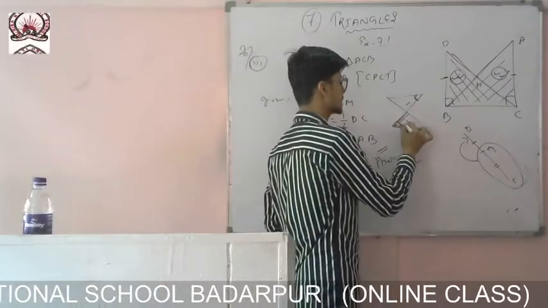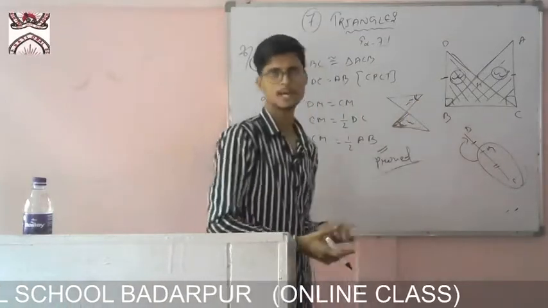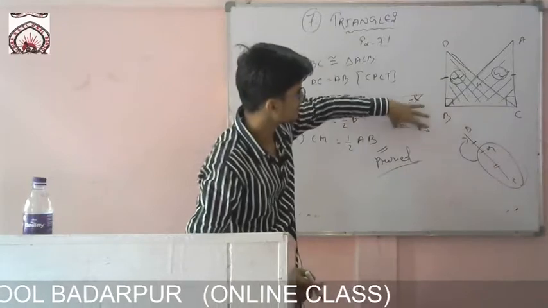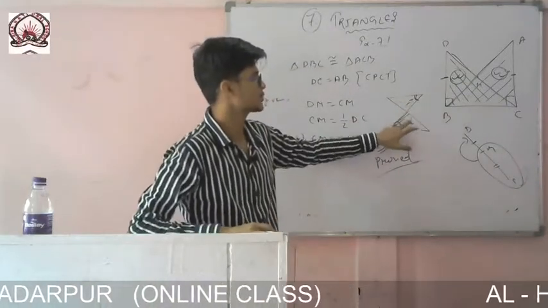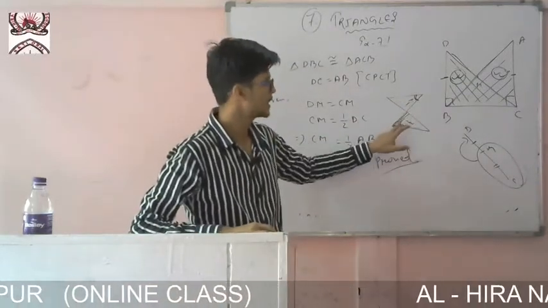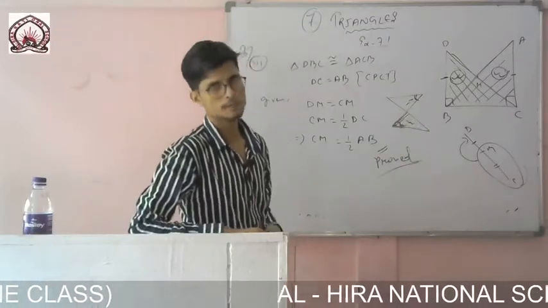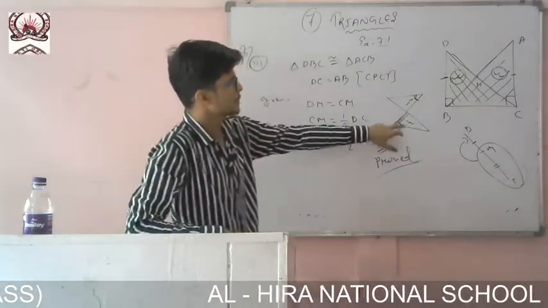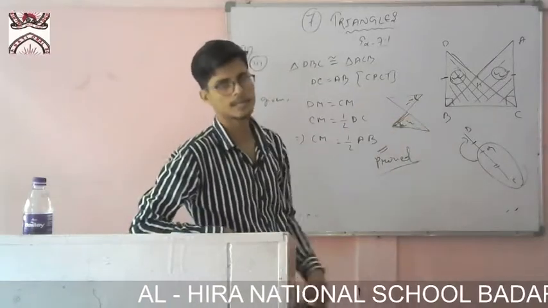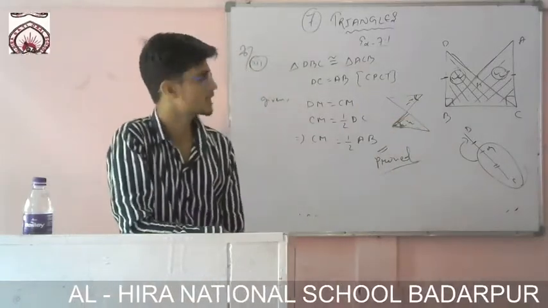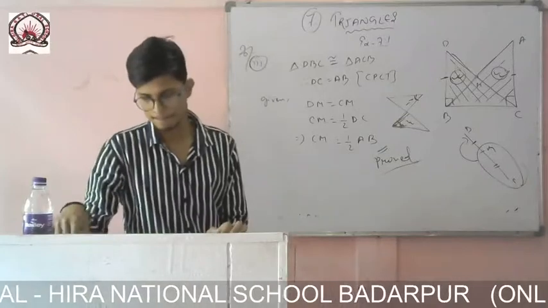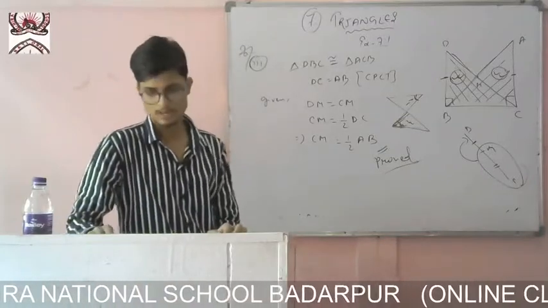And if this angle and this angle are equal, these two are alternate angles, so I can say that these two lines are parallel. First of all, I have shown these two triangles are equal, then I have shown that this angle and this angle are equal because of corresponding parts of congruent triangles. And if these two angles are equal, these are alternate angles. So if two alternate angles are equal, then we can say that these two lines are parallel.